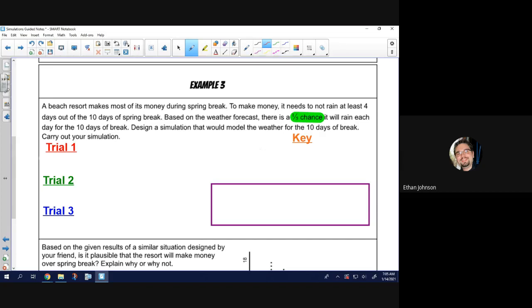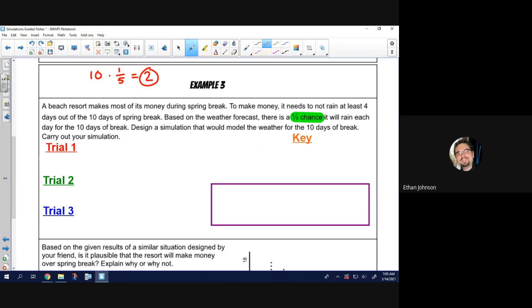That means it's 0, 1, 2, 3, 4, 5, 6, 7, 8, 9, which is a total of 10 numbers. So a fifth of that gets us 2. So that means 2 numbers have to represent rain.